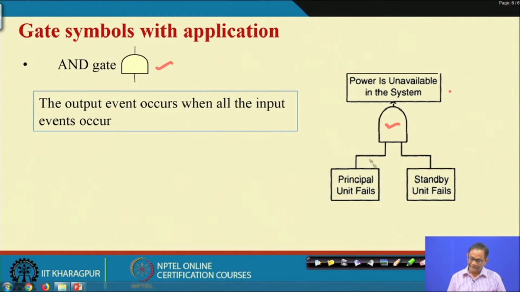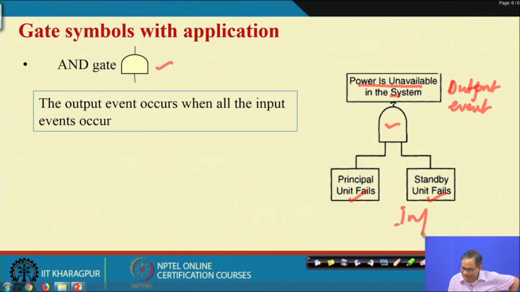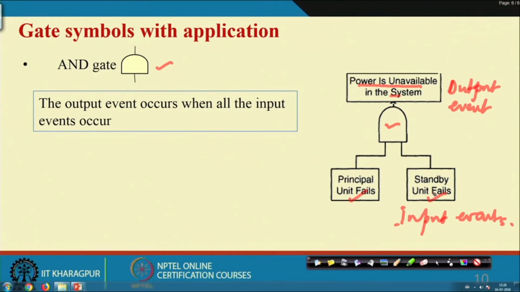So, much before replacement or repair of the principal unit, what will happen? Power is unavailable. That means both the principal unit as well as the standby unit should fail, and only then will this situation occur. So, here this is my output event and these two are input events. There need not be only 2 inputs. There can be many more inputs.